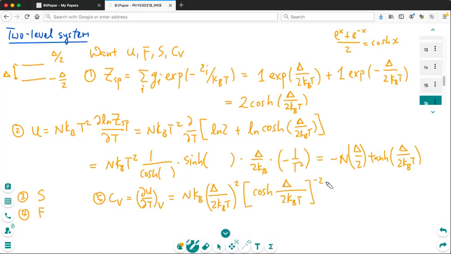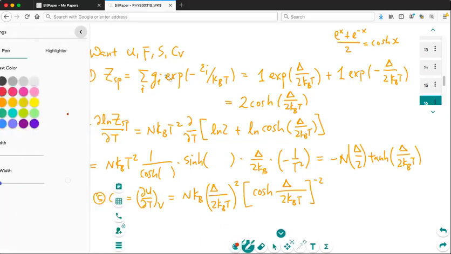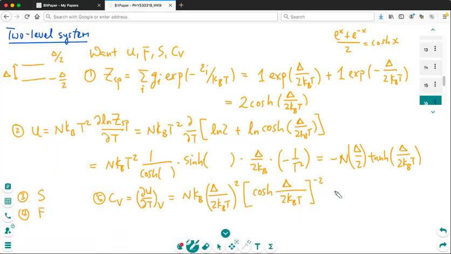Okay, now this expression is given in the notes. So this expression is 9.39, and this one is 9.37. Okay, so 9.37 and this Helmholtz function, these are really coming from plugging in the partition function.